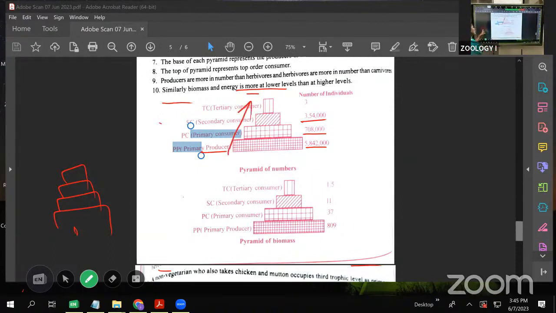That's why the pyramid is upright only. Next is the biomass. Here 809 is there, and going upward 37, 11, 1.5. This one is also upright only. The energy is different, and I will show that one.